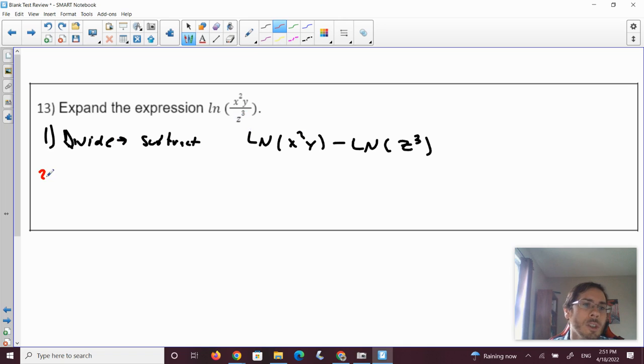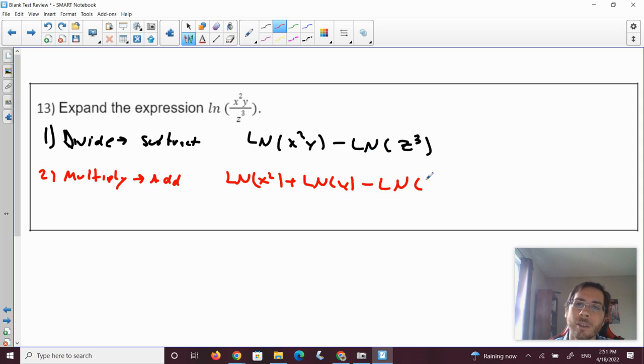Step 2, usually then you want to turn the multiplications, that's how I spell multiply, into additions. So at this point, we have an x squared times a y. So we're going to have ln of x squared plus ln of y, and then still minus ln of z to the third. That didn't really change.